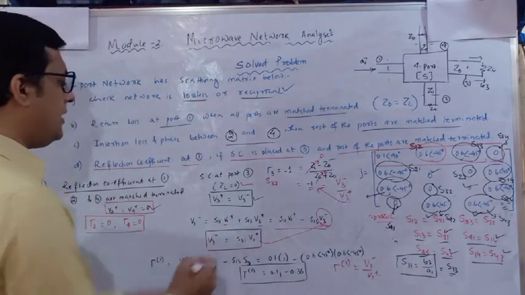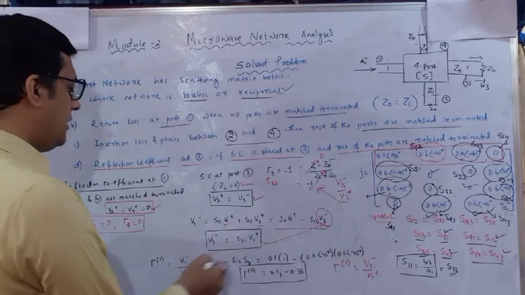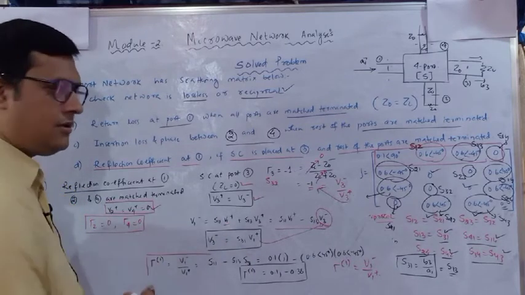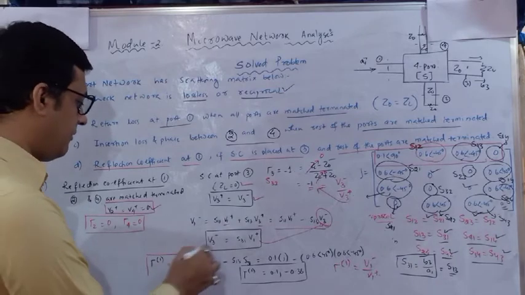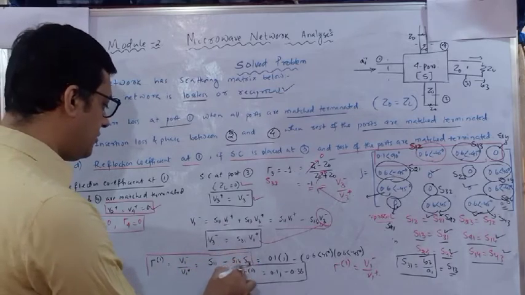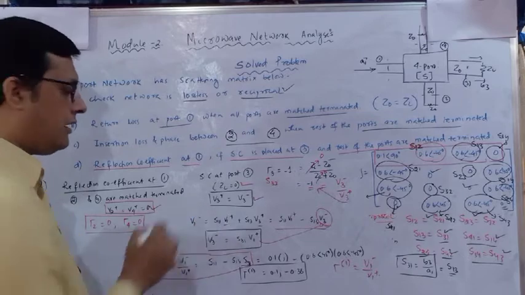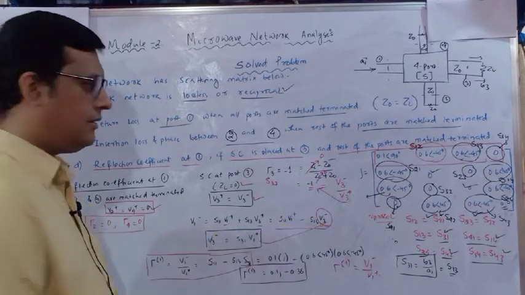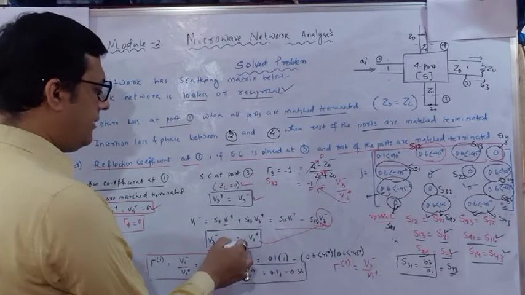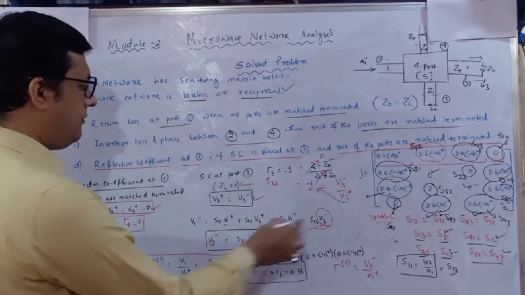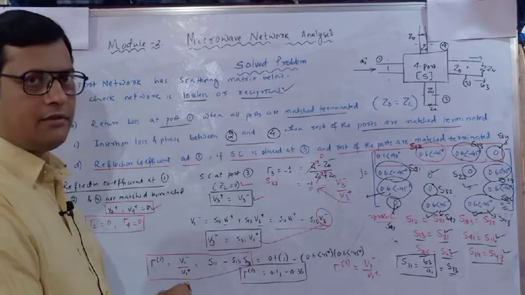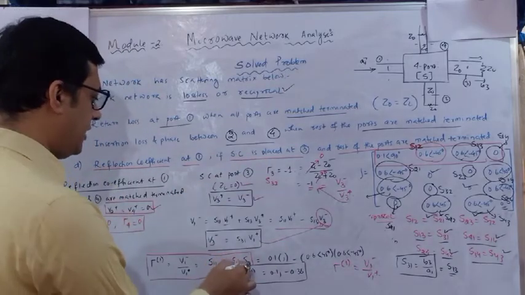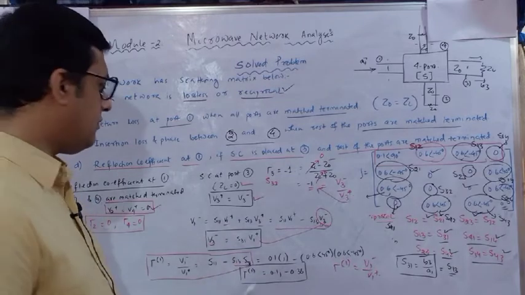If you substitute this relation here, you will get the reflection coefficient at port 1 equals V1 minus divided by V1 plus, which equals S11 minus, taking V1 as common, S13, and in place of V3 if you substitute, you will get S31. So that means S13 into S31.